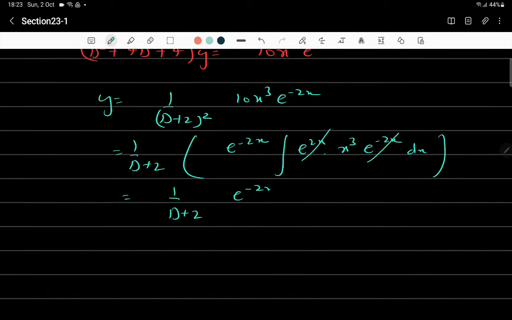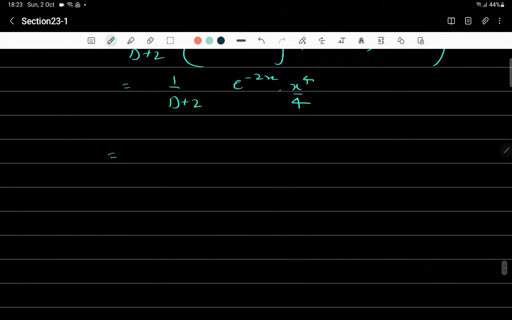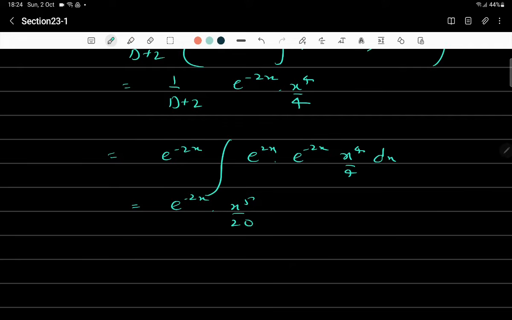So e raised to the power minus 2x x raised to the power 4 by 4. Again r is equal to minus 2, so it becomes e raised to the power minus 2x integration e raised to the power 2x, e raised to minus 2x, x raised to the power 4 by 4 dx. So this turns out to be x raised to the power 5 by 20 e raised to minus 2x.